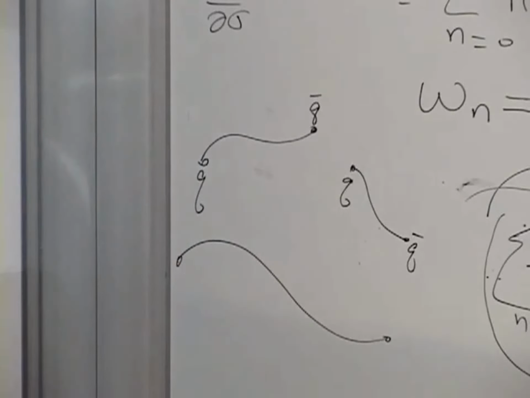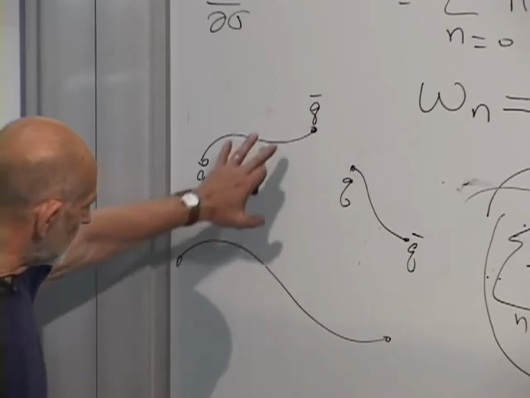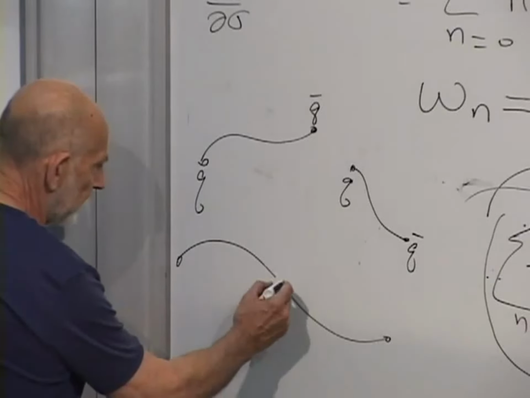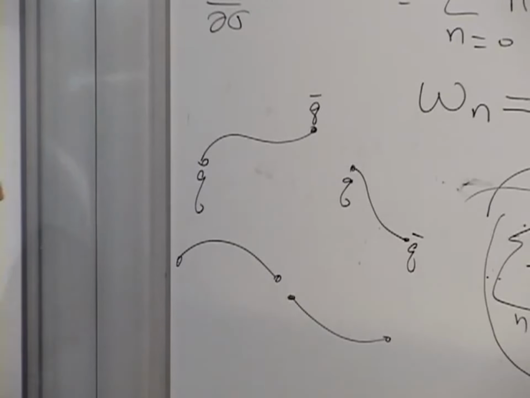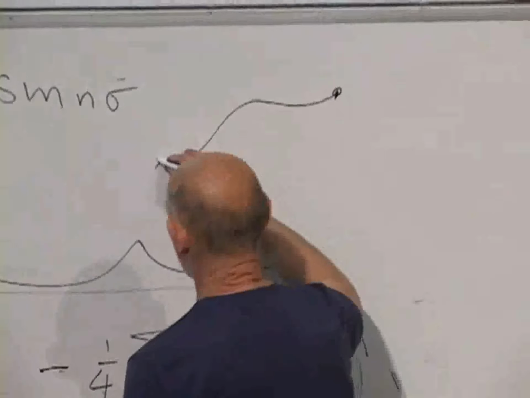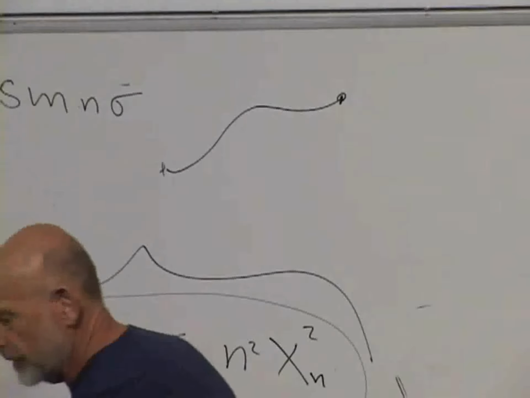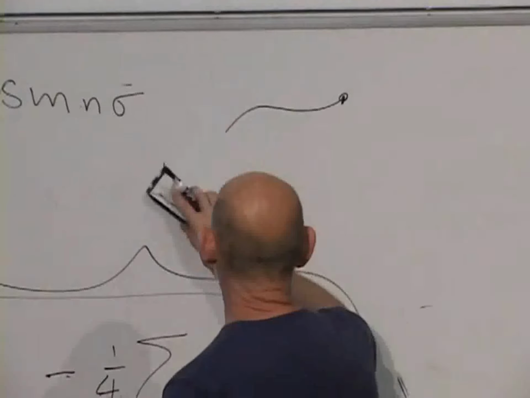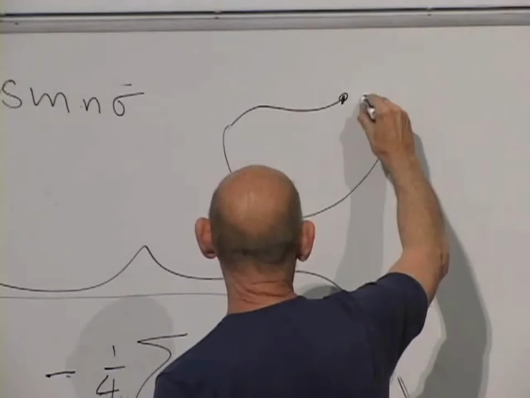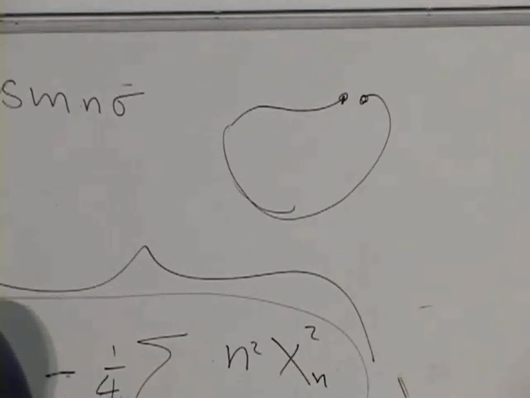So the basic interaction process, which we haven't discussed yet, is the joining and splitting of strings. If joining can happen, splitting can happen. Now, here's a string all by itself. And as it happens, this string executes a fluctuation which brings the other end around close to the original end.